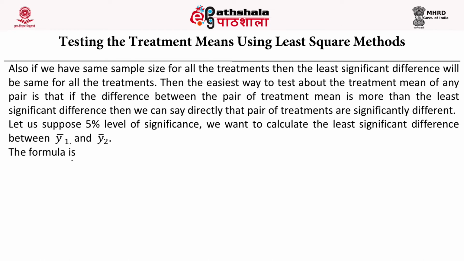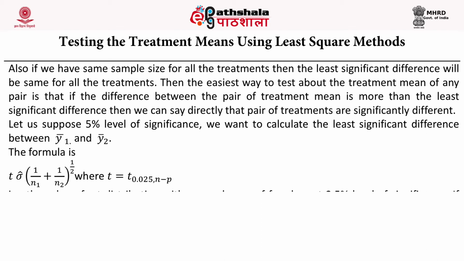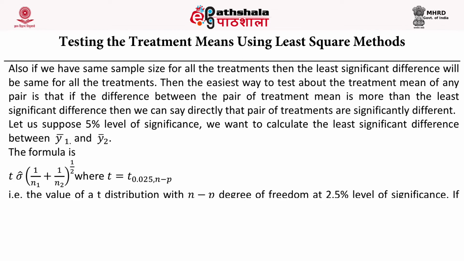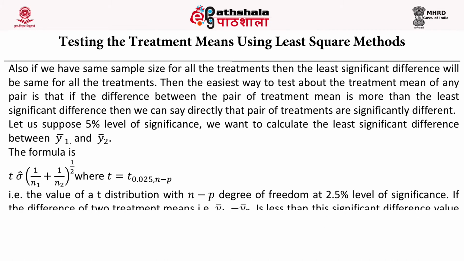The formula is t into sigma hat into (1 upon n1 plus 1 upon n2) whole power 1 upon 2, where t is the t value at level of significance 0.025 with n minus p degrees of freedom. That is the value of the t distribution with n minus p degrees of freedom at 2.5% level of significance.